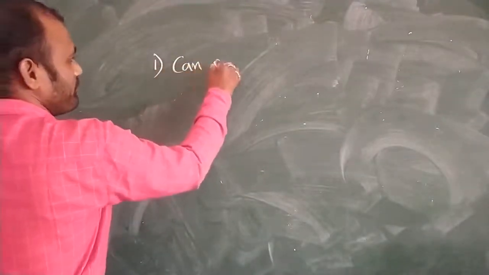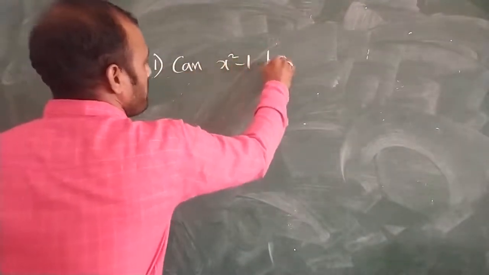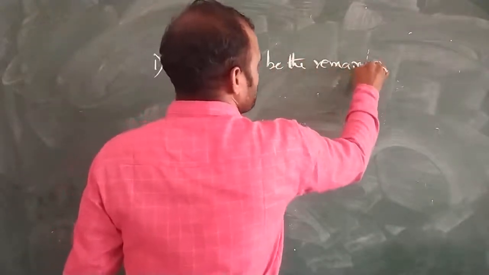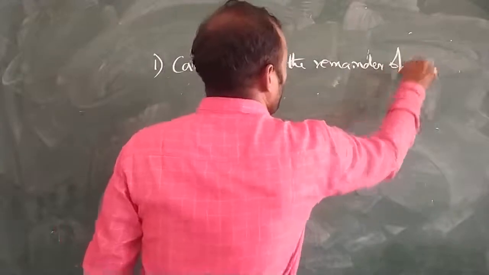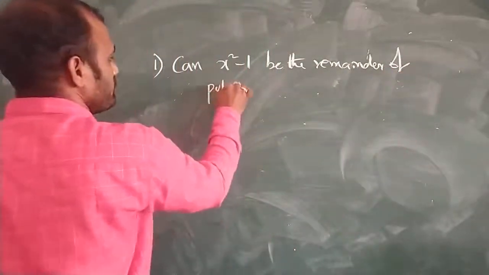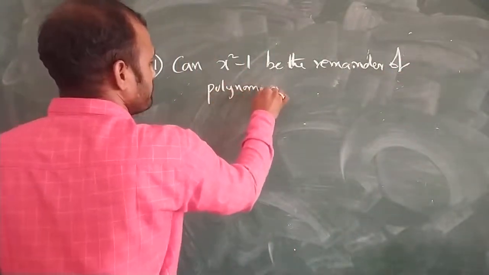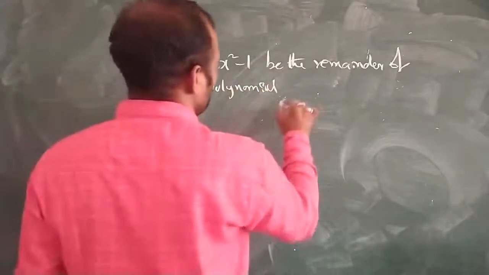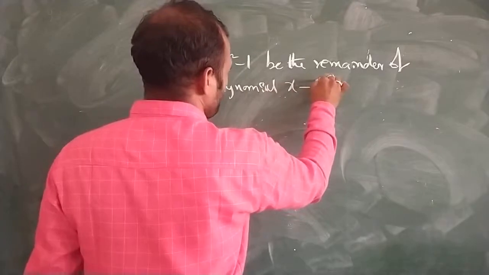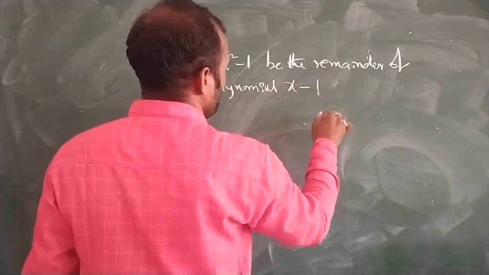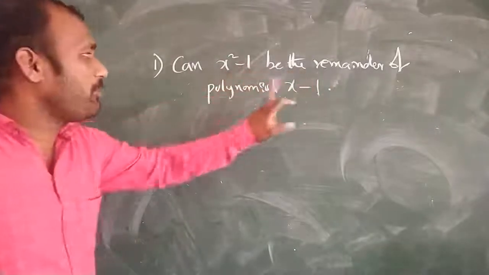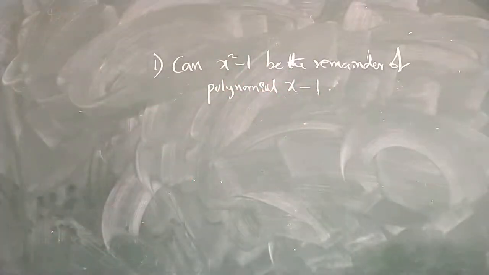Can x square minus 1 be the remainder of the polynomial x minus 1?